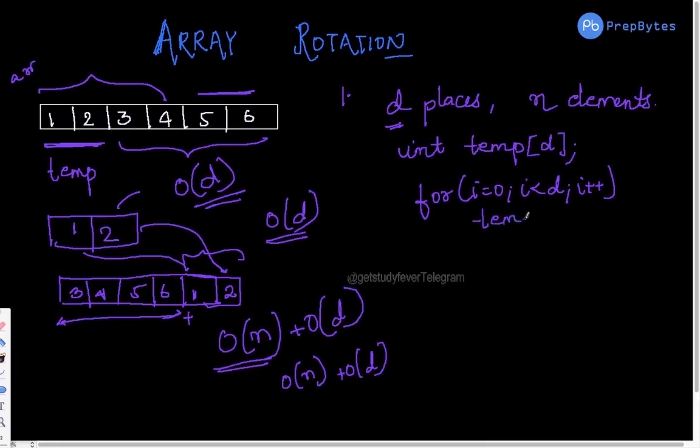So temp of i is equal to arr of i. So now this particular array is created. Now we have to shift all the elements 2 places to the left.